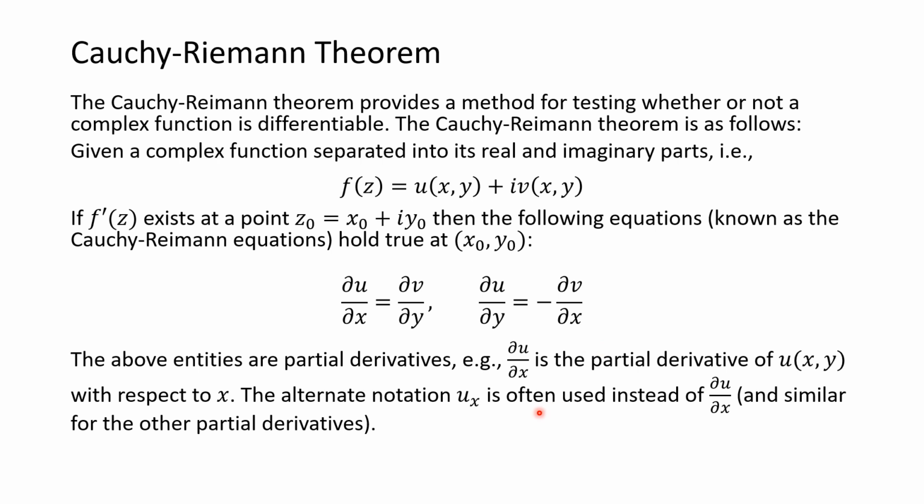Just one other point. There's another notation which I've shown here. u sub x is another notation for the partial derivative with respect to x, and you can have v sub y and u sub y and v sub x and so on. So you'll see both of these notations in the literature.